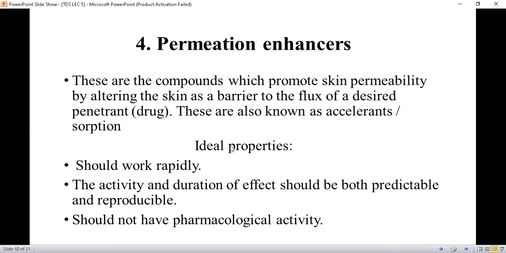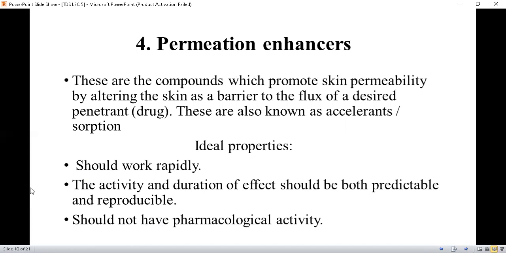What should be the ideal properties for permeation enhancer? It should work rapidly. The activity and duration of effect should be both predictable and reproducible, should not have pharmacological activity. If there is a pharmacological activity, then it will alter the physiology of the cells and we will not be able to get our desired effects.